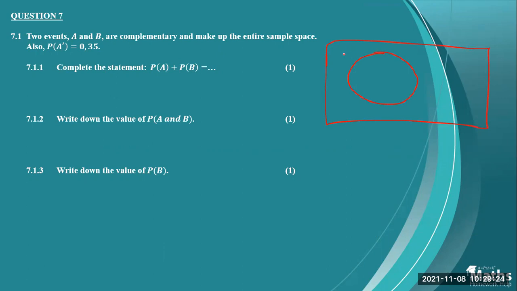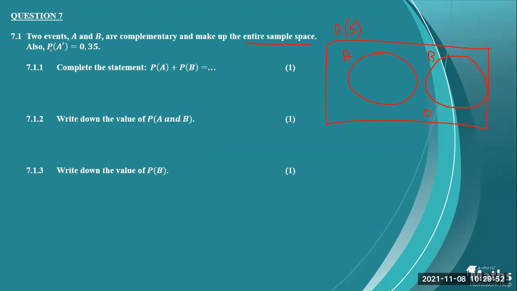This one is going to be A, and this one is B. They are complementary and they make up the entire sample space. What they mean by that, this total block, the Venn diagram block, would be the sample space. If they take up the entire sample space, it means there's nothing outside.